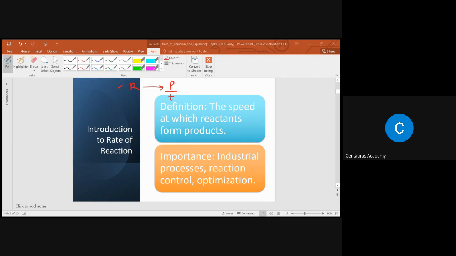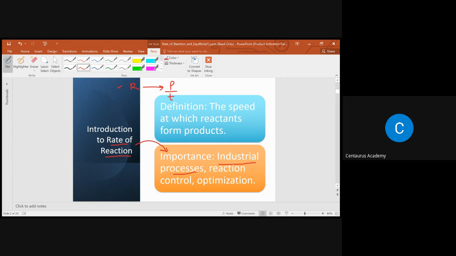When we look into its importance, rate of reaction has various factors where its significance lies. Okay. So in industrial processes, we're going to look into that the rate of reaction is very crucial. For instance, particularly in your syllabus, you have the contact process whereby sulfur trioxide is produced from sulfur dioxide and oxygen.